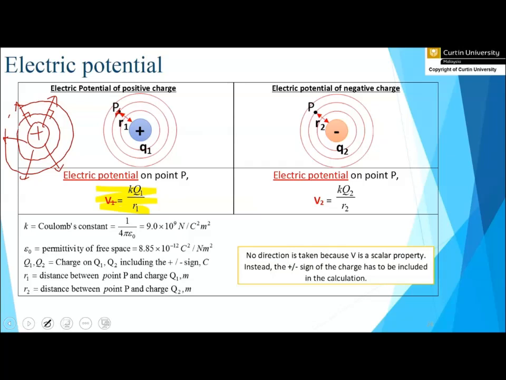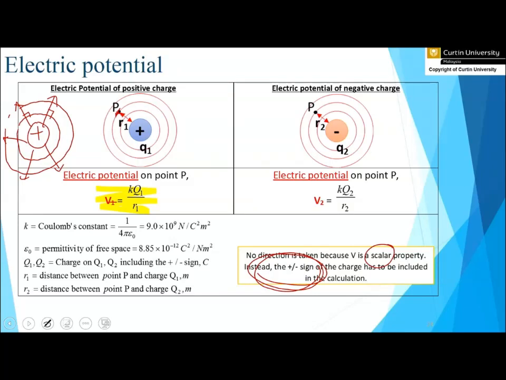Alright, the same goes for your negative charge. How to find the potential is the same. And because potential is a scalar property, you do not need to look for a direction, but remember to include the sign, positive and negative.